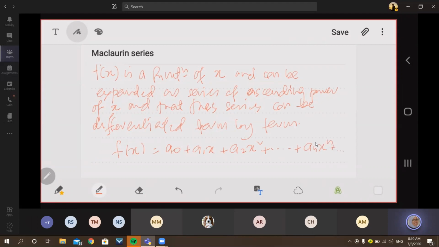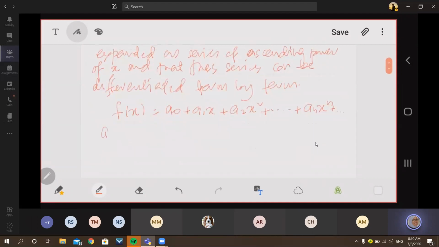Now a naught, a1, a2 and so on are constants.